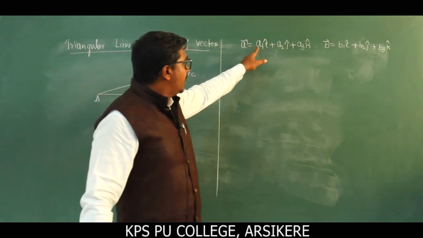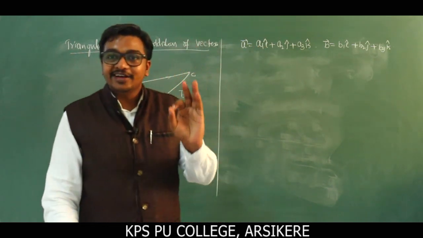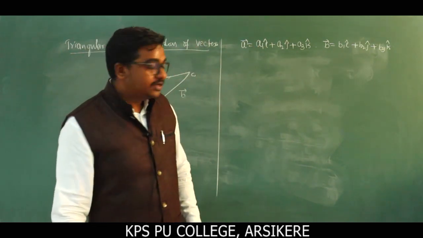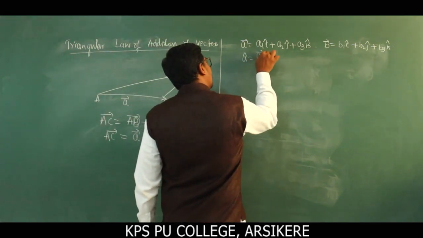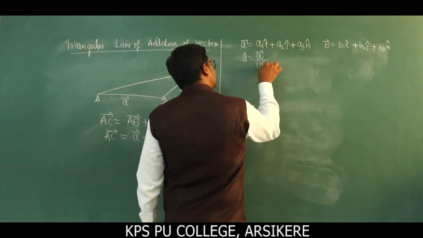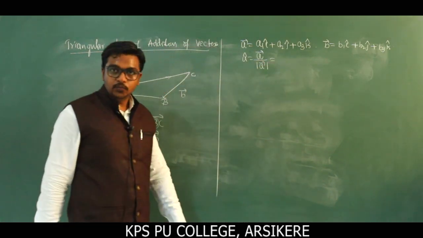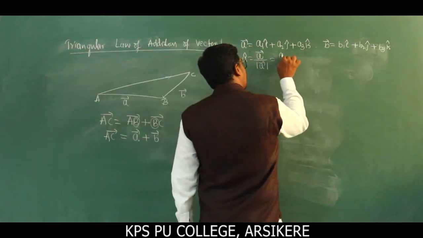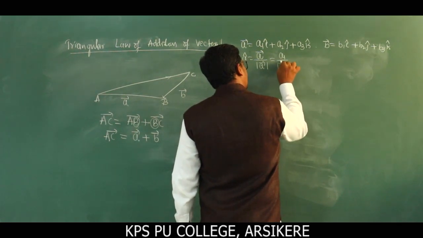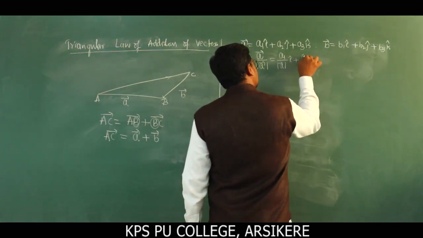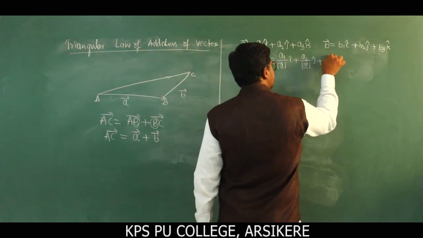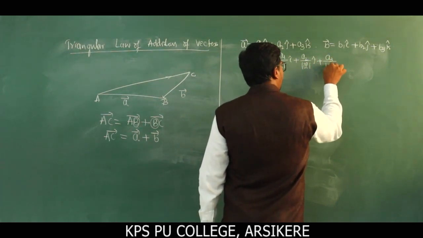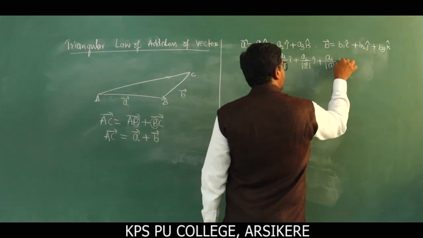Or else a1, a2, a3 are the direction ratios, and suppose a cap is equal to vector a divided by magnitude of vector a. This is equal to a1 divided by magnitude of vector a into i cap plus a2 divided by magnitude of vector a into j cap plus a3 divided by magnitude of vector a into k cap.